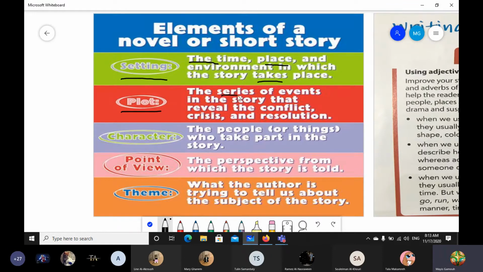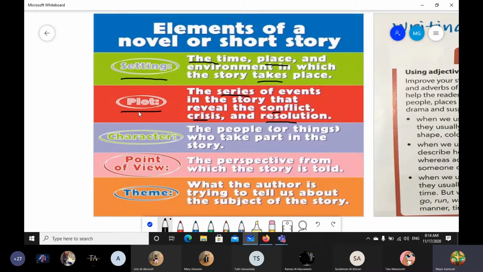A series, this is the key word, of events in the story that reveal, that show the conflict, which is the problem or the crisis, the dilemma of the story, and its resolution and its solution. How I am going to solve my conflict, how I am going to solve my problem.